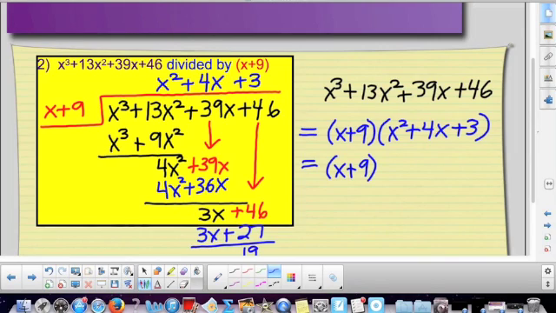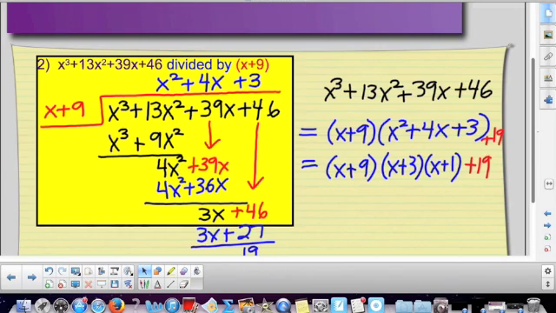How can I break up x squared plus 4x plus 3? What does that factor to? Oh, and I forgot my remainder, plus 19. Yep. X plus 3 times x plus 1. Good. X plus 3 times x plus 1 plus 19. Everyone okay with that?